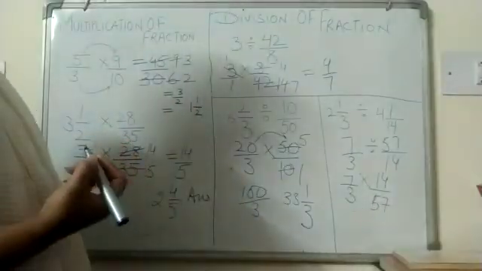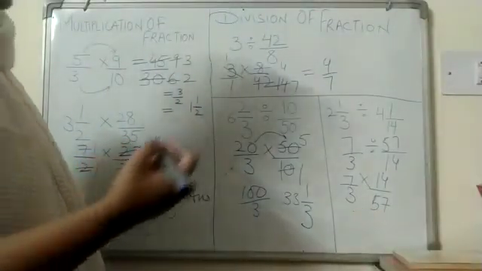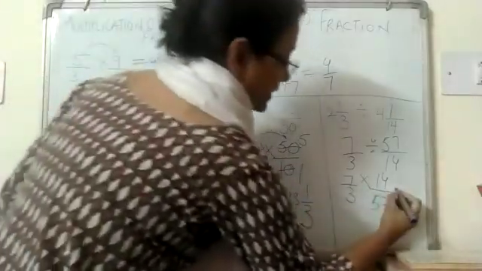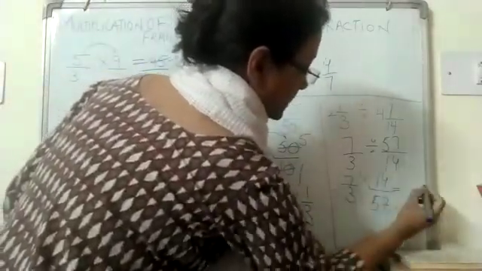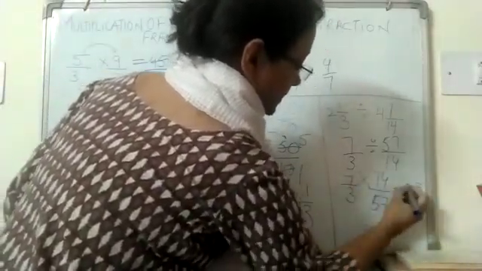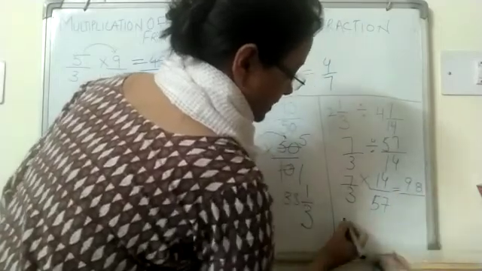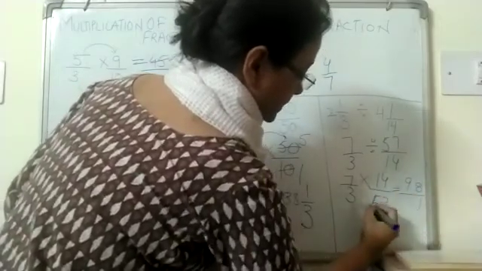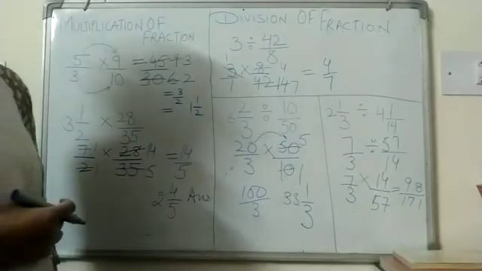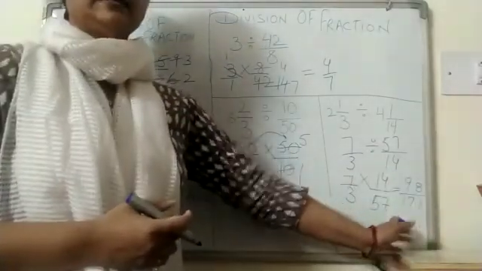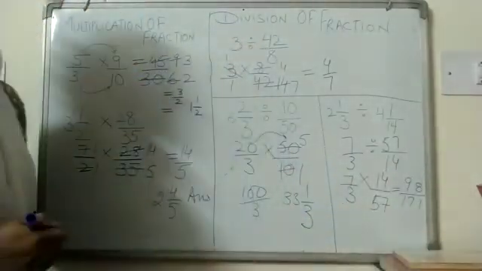Now we cannot cancel anything as such, so we can multiply. So when we multiply, it will be 98 and here we will have 171. So this is going to be the answer. In case you can convert this into the lowest term, you can go ahead. Thank you for watching this video.